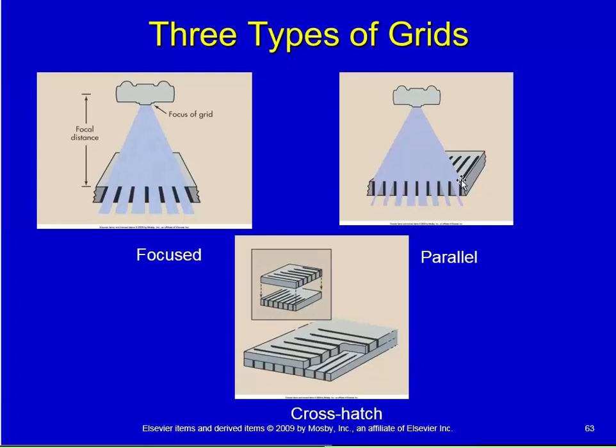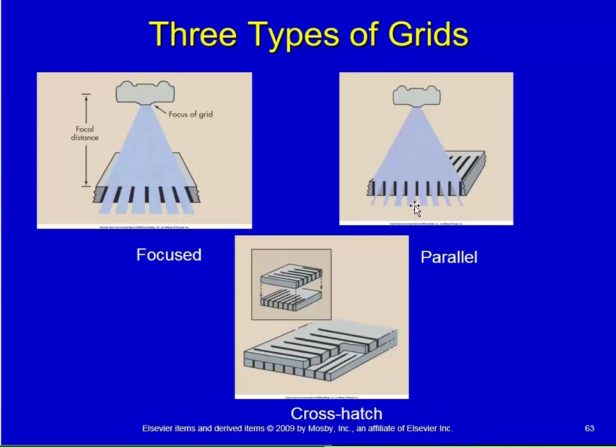All right, so looking back over here, this is a graphic of a parallel grid. And you see the primary beam coming through. They didn't put a patient on here because the patient's pretty irrelevant for this particular graphic.